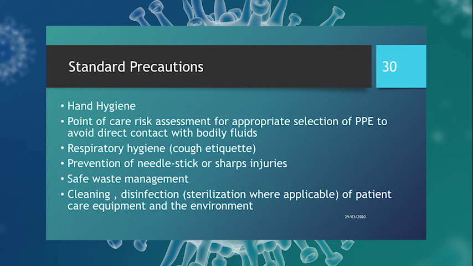Safe waste management: how do you discard of your waste, whether it's medical waste or normal waste? What is the procedure? Where does it go? Again, it is important that we try to avoid all bodily fluids by wearing the appropriate PPE. And of course, cleaning and disinfection are important things to remember as part of standard precautions.